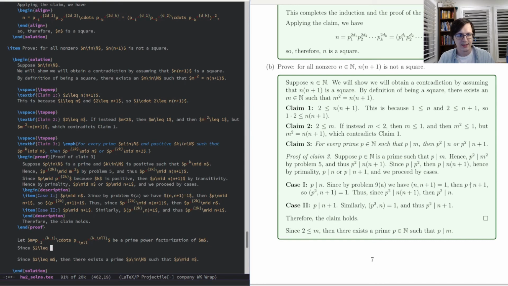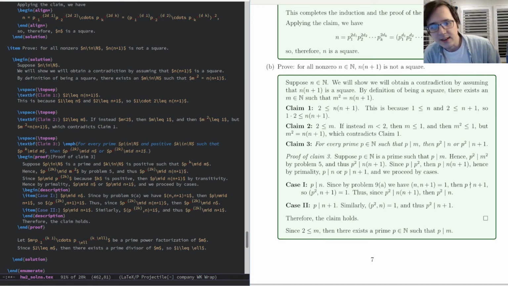Since 2 is less than or equal to m, then there exists a prime divisor of m, so L is greater than or equal to 1. Because if L were 0, then that would be the empty product. That's when m is 1.